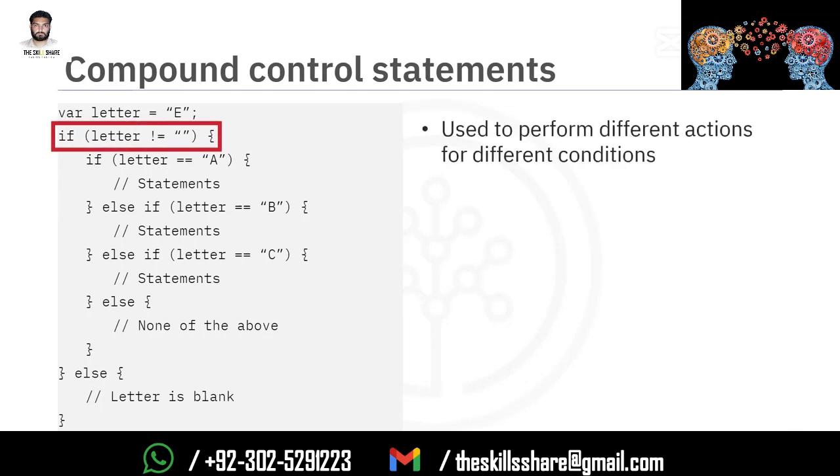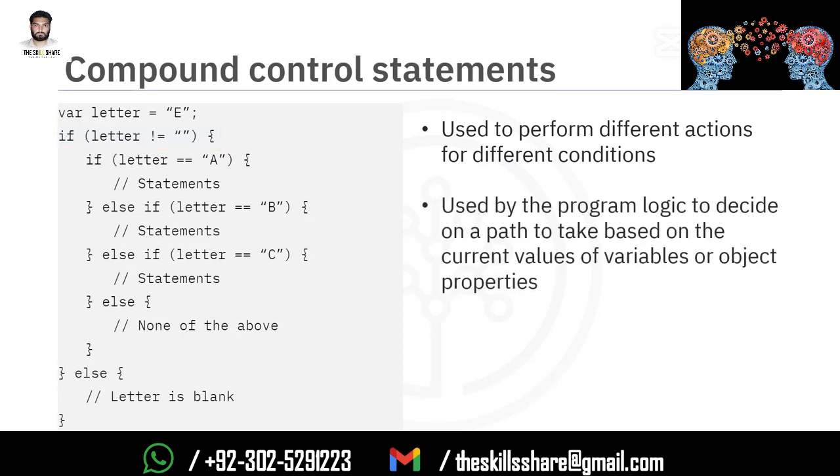Conditional statements are the set of commands that are used to perform different actions for different conditions. In JavaScript, the if statement is the way the program logic decides which path to take based on the current values of variables or object properties.